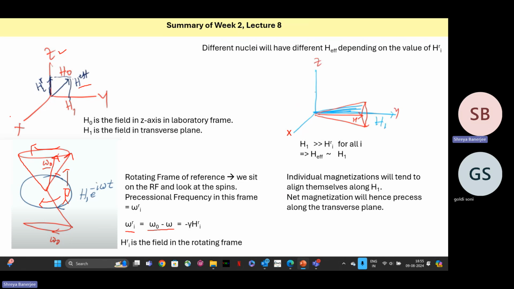Now suppose your Larmor frequency and the frequency of the radio frequency wave are matching. Then this omega in the z direction will become 0. So your magnetization along the z direction will completely vanish, and your resultant magnetization will only lie in the xy direction.